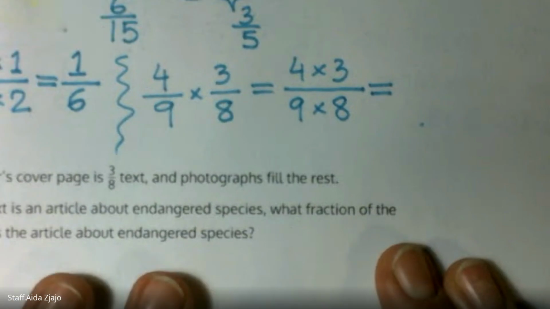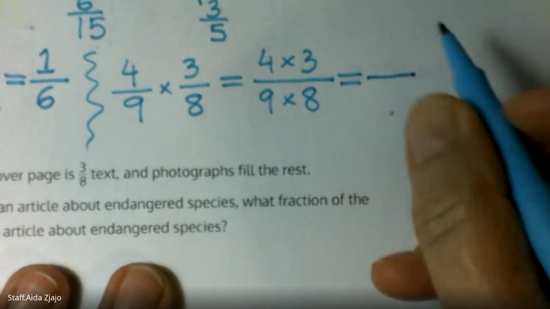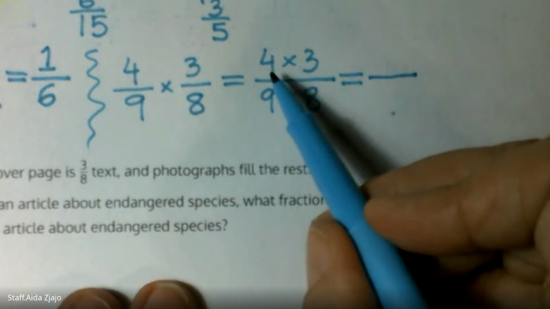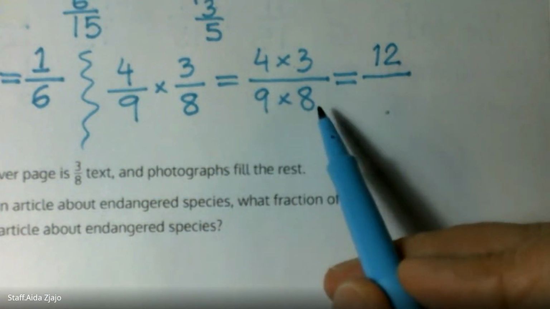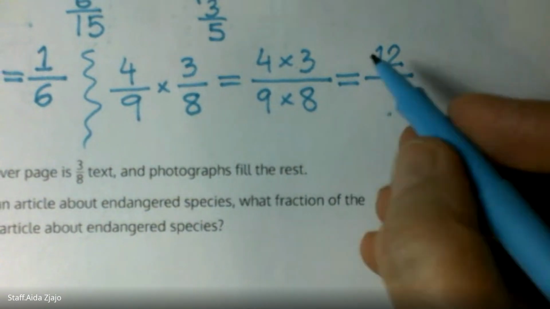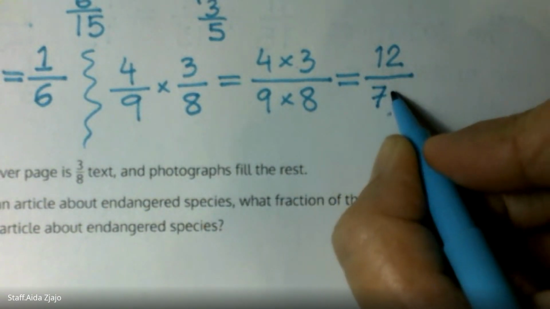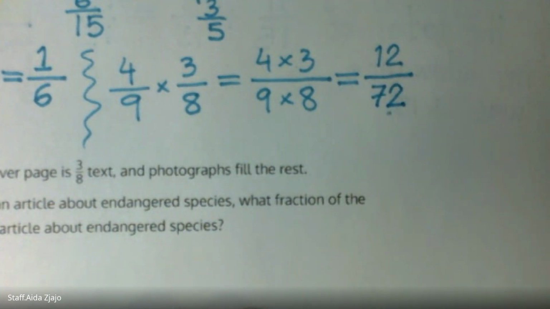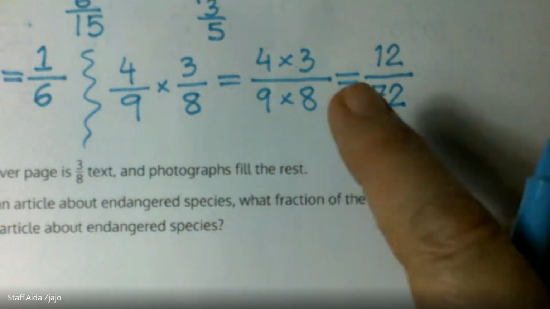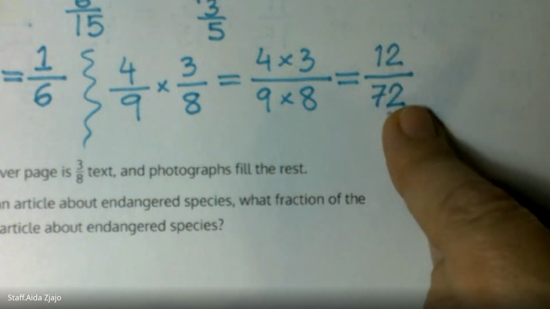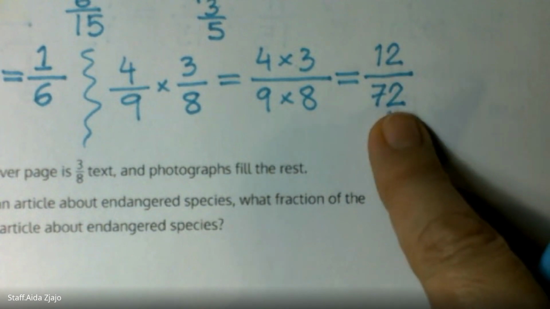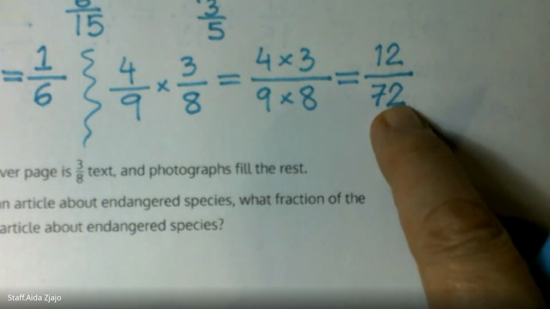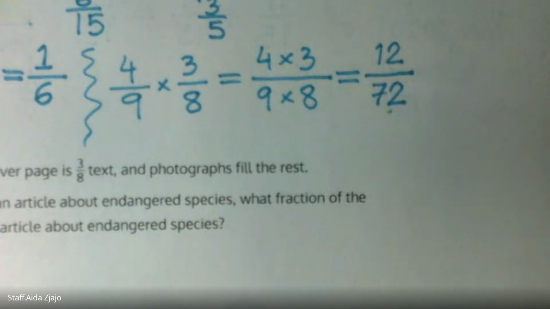So you're good in multiplication, so you come up with 4 times 3, or 3 times 4, is 12. And you know that 9 times 8, or 8 times 9, is 72. Okay, and now we come to the same conclusion. We can think how many 12s are in 72, if 72 is divisible by 12. So that's one way of doing it.